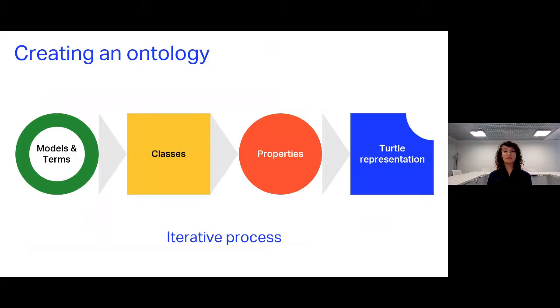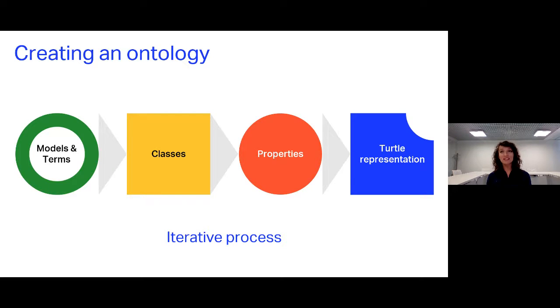Then we split the creation of the ontology into four main steps. Of course, there are other smaller steps in between, but at the high level, it's a very iterative process. We start with the definition of the models and terms that we are going to use for the ontology. Then we created the classes and their hierarchy. Then we went through their properties, looked at the types of the properties, and added some extra information about those, which I'm going to show you a bit later.